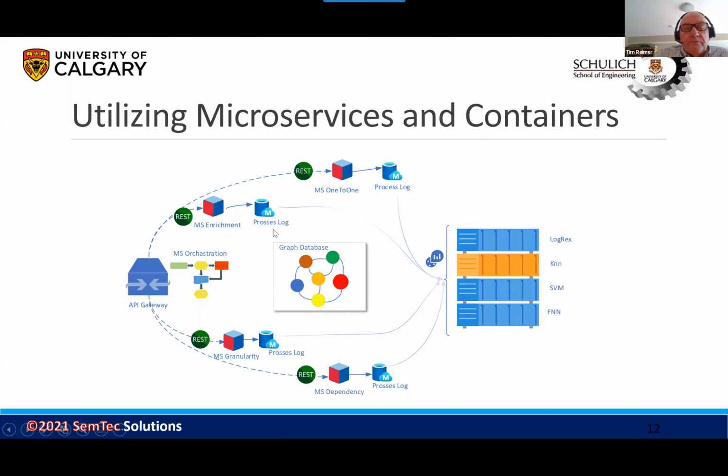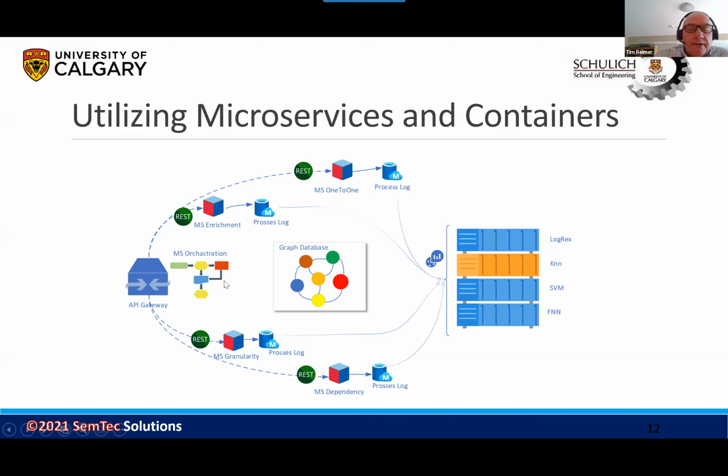Then we take that data and funnel it through several containers. We have multiple containers available here. I show you here logregs, KNN, SVM, FNN. We're looking at GNNs right now. We feed all that data into these containers in order to make predictions about failures, if the microservice for the particular function it is performing can't find the associated target value for it.